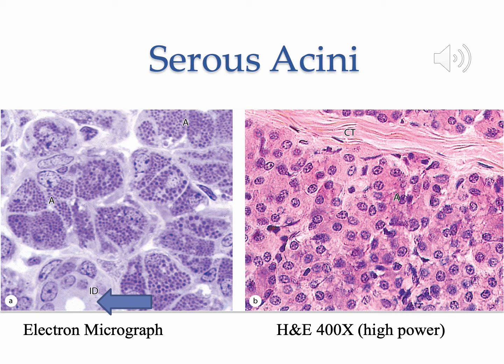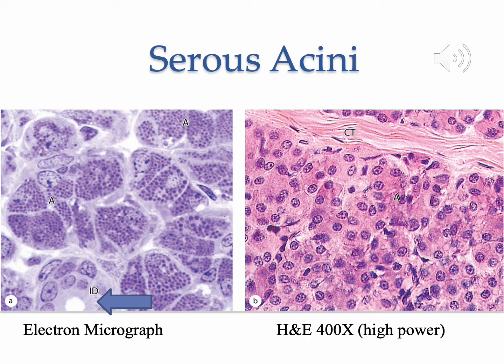On the right-hand side of the screen, this becomes quite a confusing image of multiple serous acini as they're all squished together, so it's even difficult to appreciate one acini from another at times. On the left-hand side, we have an EM shot of multiple serous acini that allows us to nicely appreciate all of those secretory granules that exist within the cytoplasm.